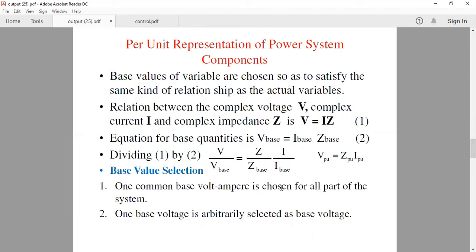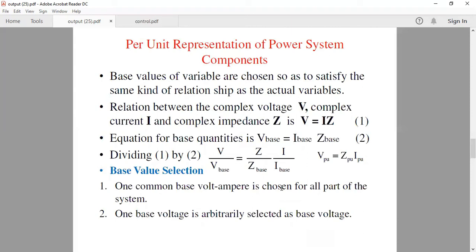The relation between the complex voltage V, complex current I, and complex impedance Z is V equals I into Z, as we all know. The equation for the base quantities is V base equals I base into Z base. V base is the base voltage quantity, I base is the base current quantity and Z base is the base impedance quantity.